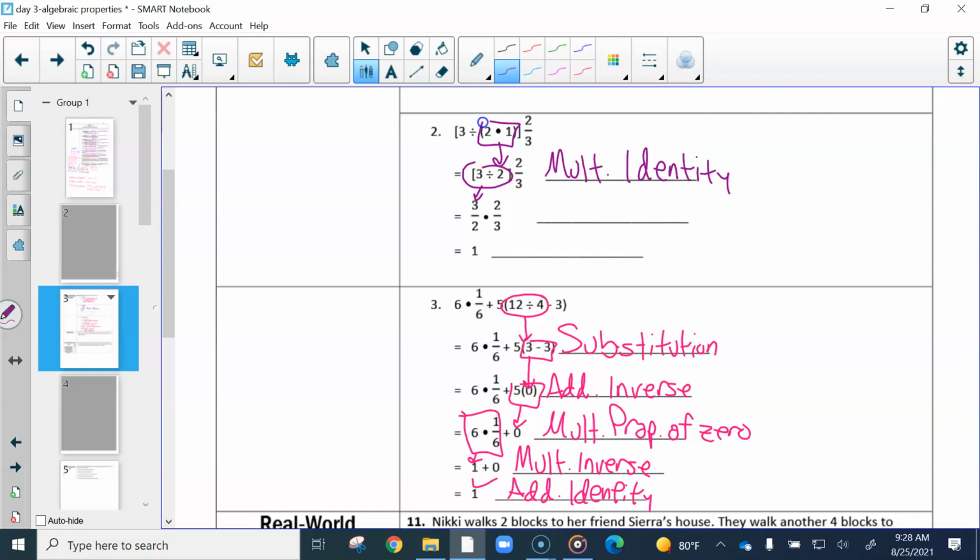That's where substitution is, because we know that is the same and no other property applies there. And then from here to here, when this changes to line, what property is that? You guys can say that. Multiplicative inverse.